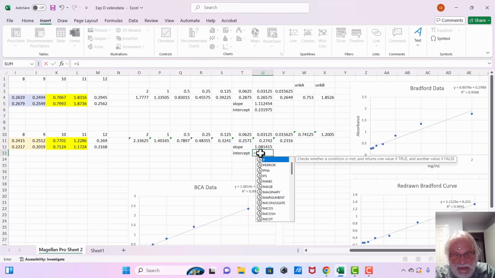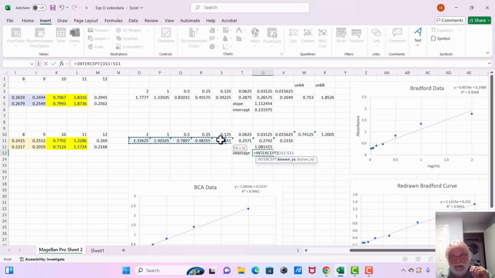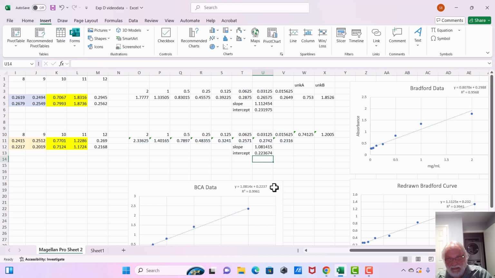Is equal to intercept, which is equal to this, comma, this, hit enter, and the intercept 0.237, that would be 0.237, those values are good.